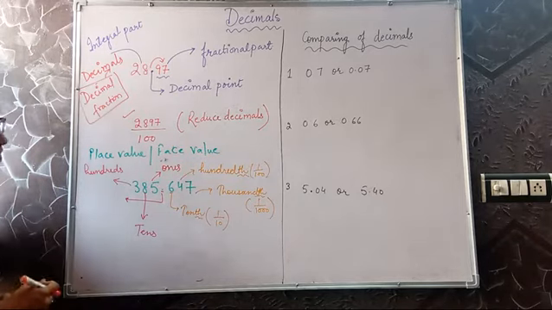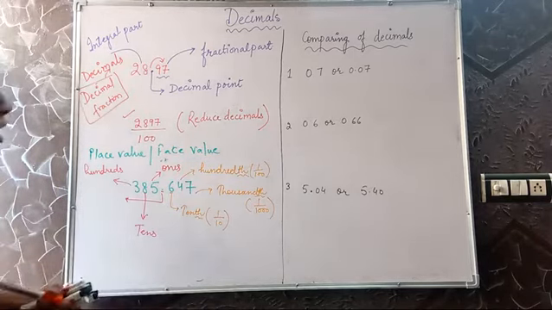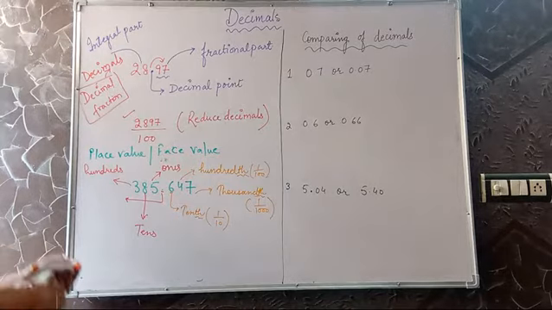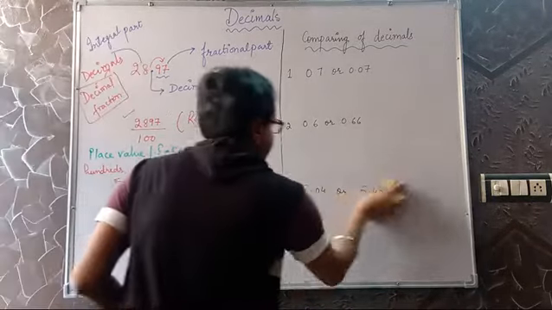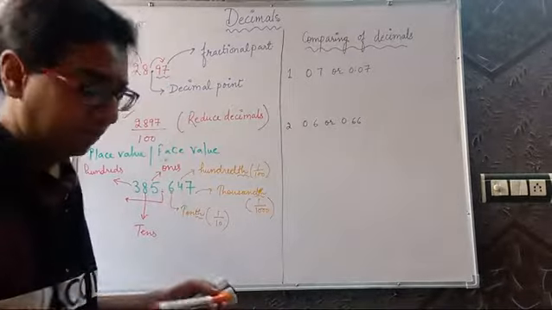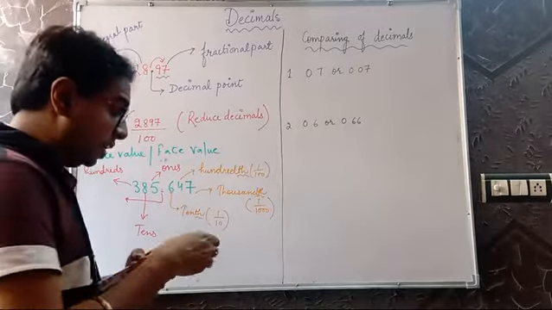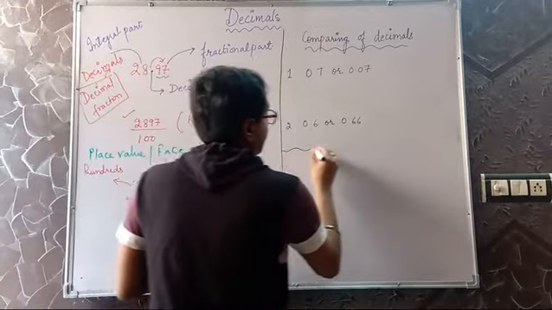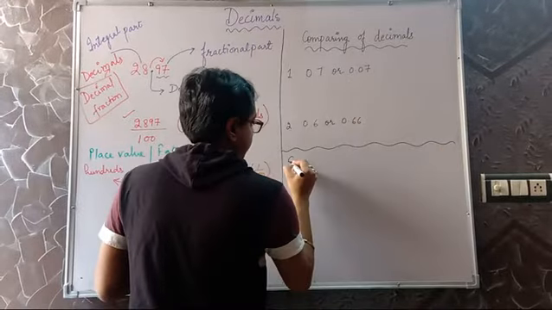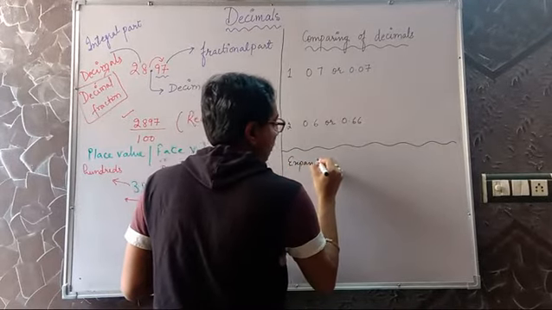Now, for example, if somebody asks me to write this, we will take this example. Now, there is something called expanded value or expanded form.